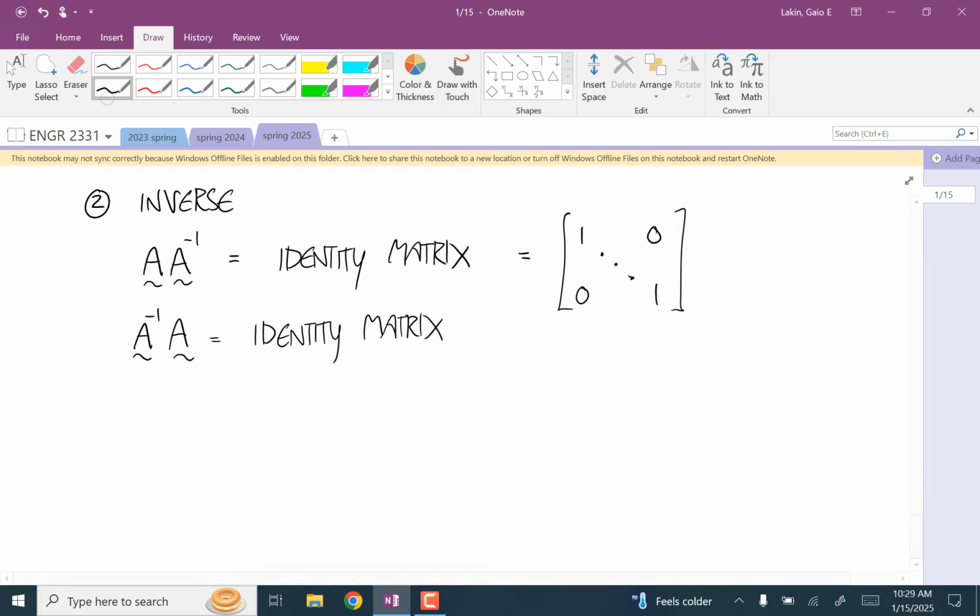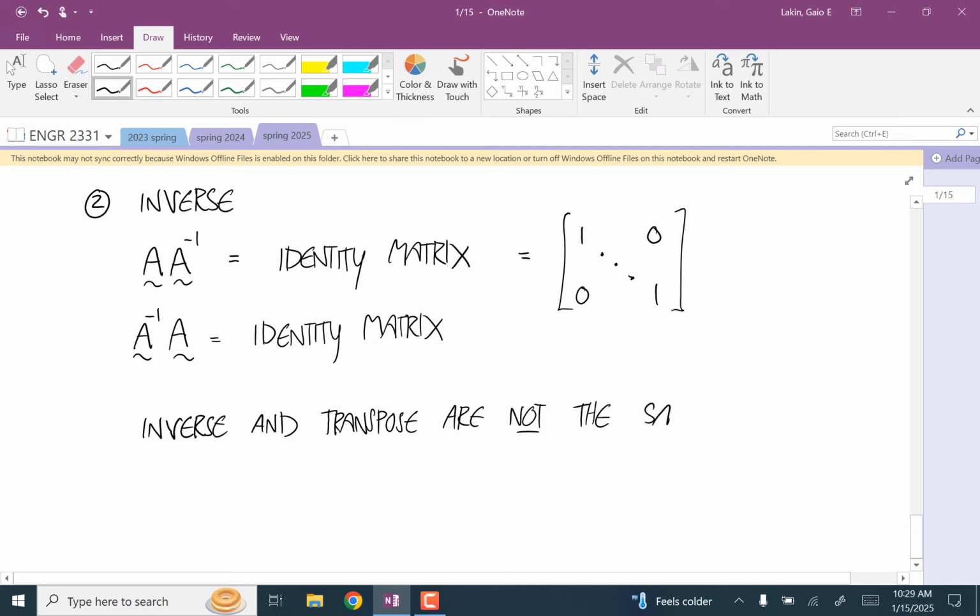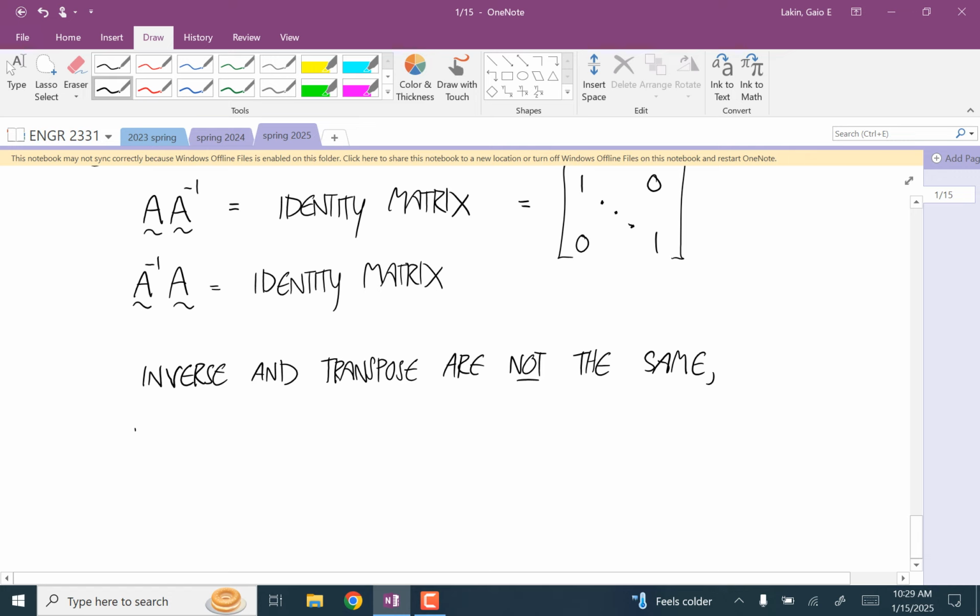Okay, and the reason I brought this up is that the inverse and the transpose are different. But they equal each other for rotation matrices.